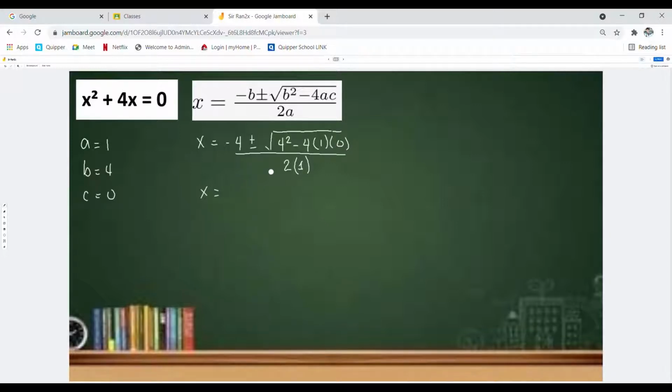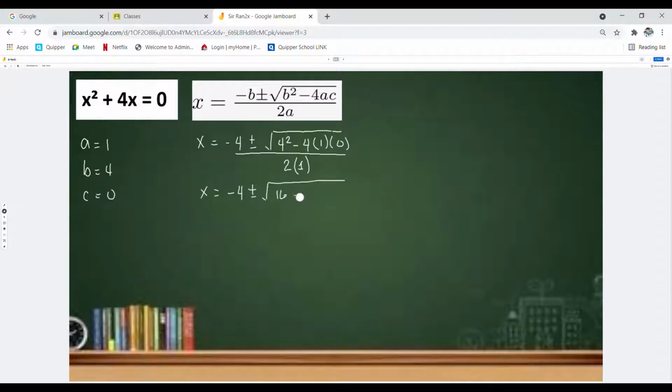Now you can simplify it, because these are just easy numbers. If you were able to correctly plug in the values, you should get the correct answer. So negative 4 plus minus the square root of, let's simplify what's inside the square root sign. 4 squared is 16, and 4 times 1 times 0 is 0, so we're just going to erase that.